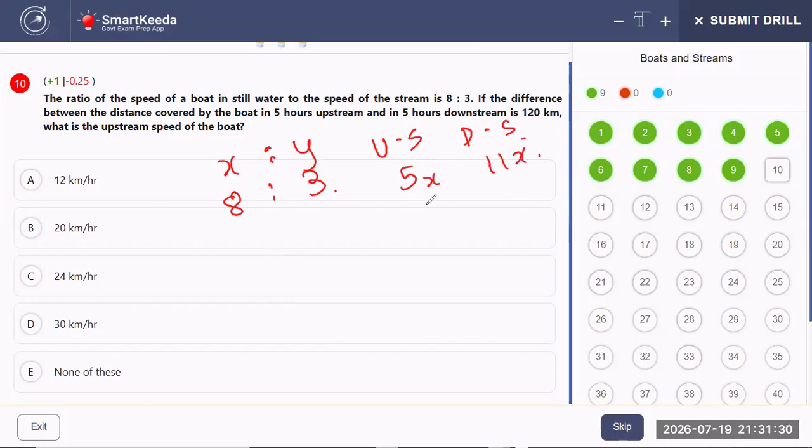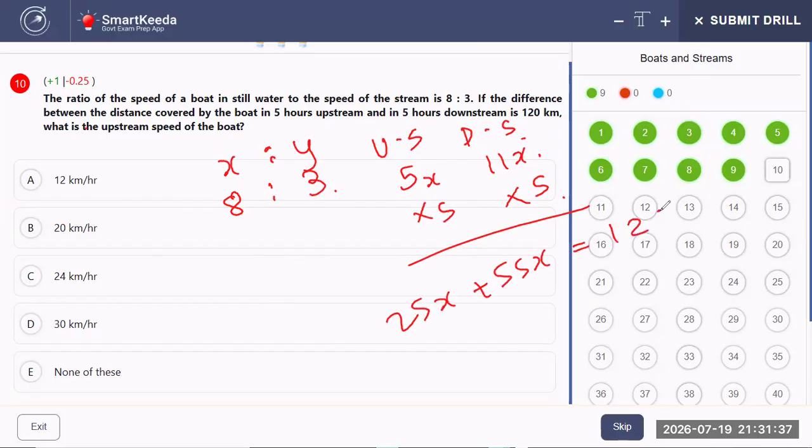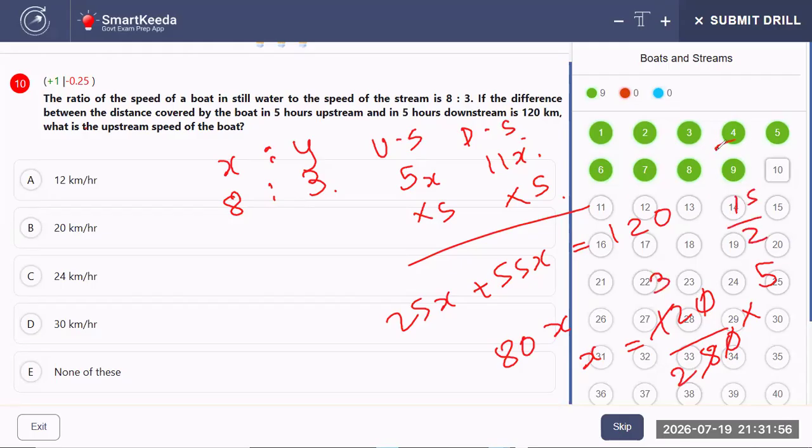Then what is the speed of the upstream boat? But I will recheck that.